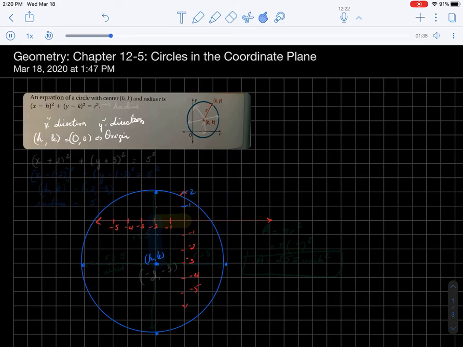Okay? Remember, the H and the K in this case are positive. So it's going to the positive, then it goes to the positive.